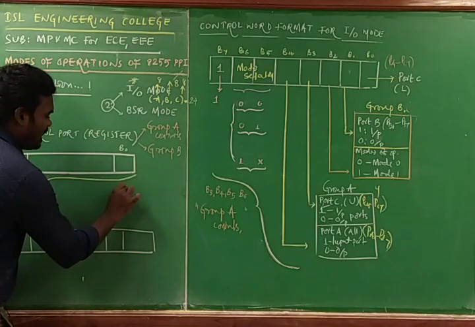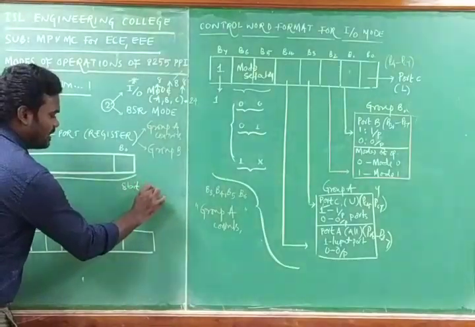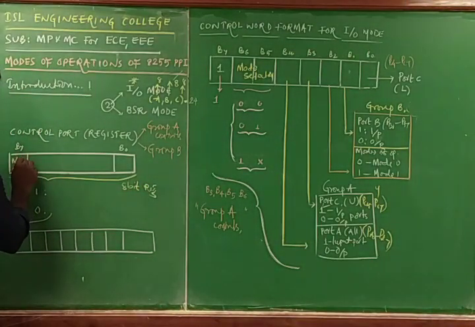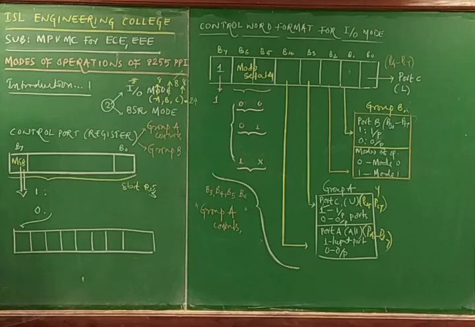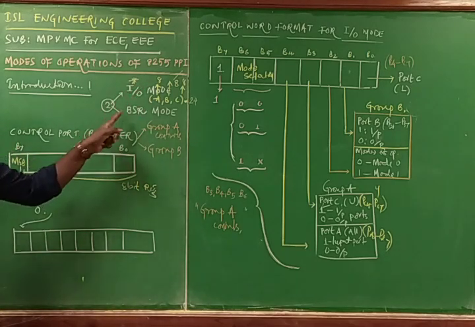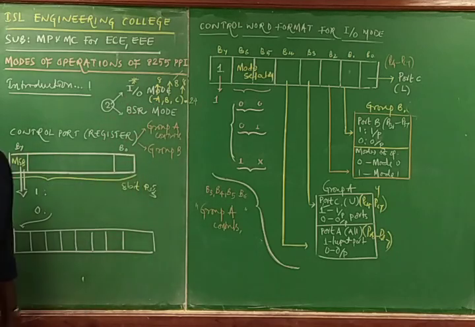It is an 8-bit register. The MSB, most significant bit, of this register defines the type of the mode of operation, which may be either input output mode or bit set reset mode of operation.